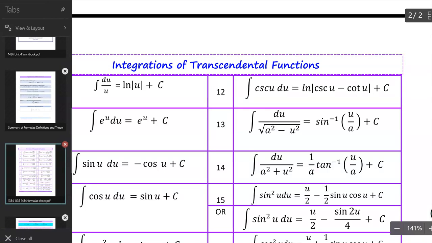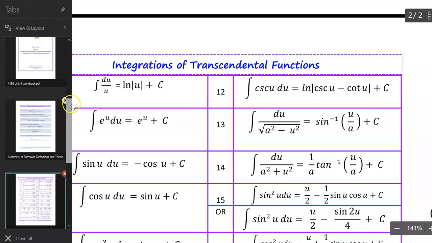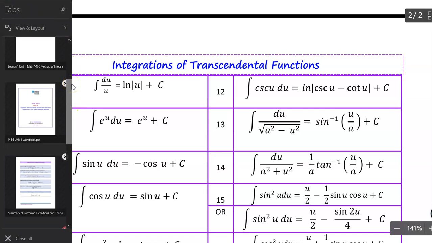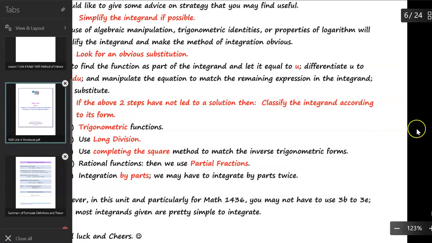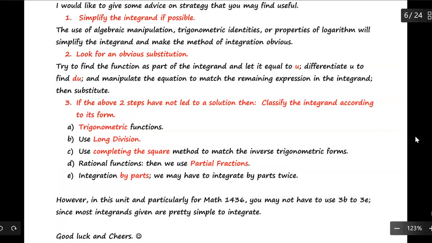I can tell you that integration of transcendental functions is quite complicated, and we have to develop some sort of strategy. So I have prepared some strategy here for everyone to examine, and there's no fast rule for this. This is only a suggestion, and you develop this strategy and see which one is suitable for the integrand that you are working with.